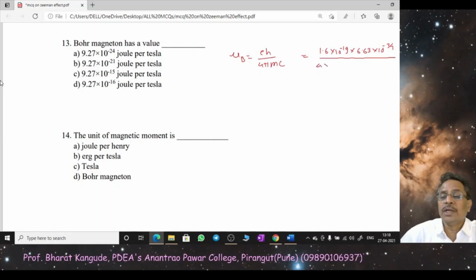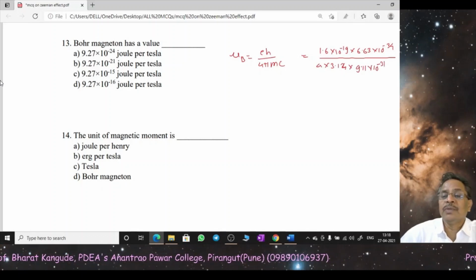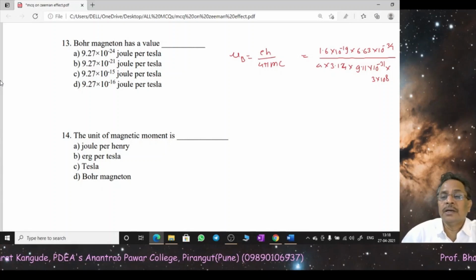This is 4 into 3.14, into the mass of the electron, 9.11 into 10 raised to minus 31, and c is 3 into 10 raised to 8. Now please see the indexes there.